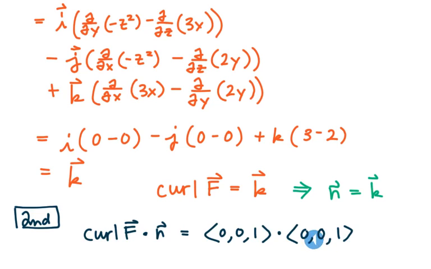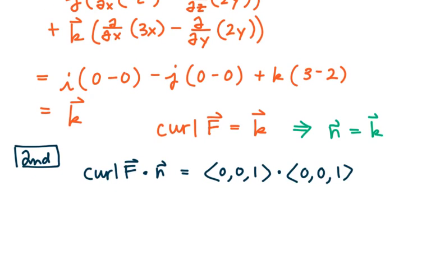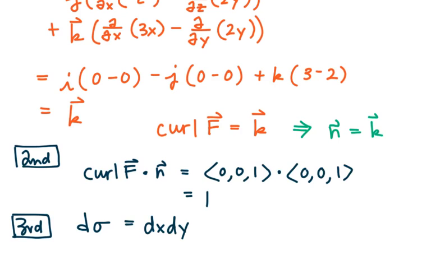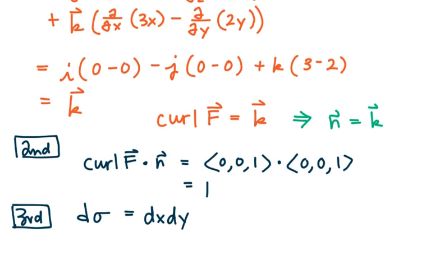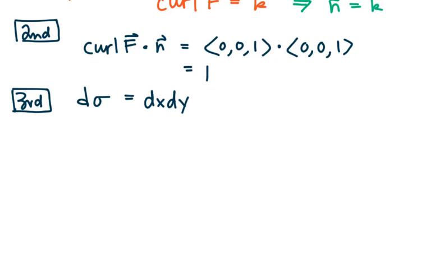This vector represents n, or k. And that gives us a value of 1. The third piece that we would need here is our surface area differential. And in this case, d sigma, since we're just dealing with x and y variables, is going to be dx dy.